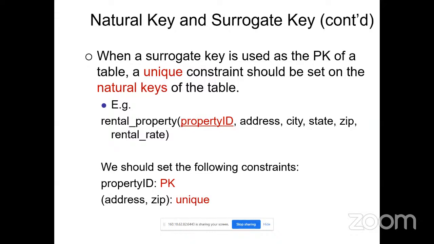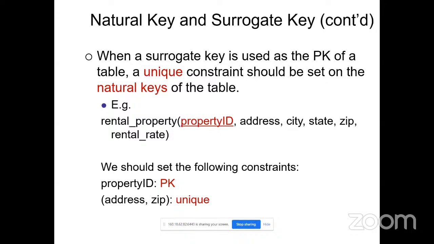Okay. The thing is this, we know that there are some keys that come naturally. Naturally, they're unique attributes of an entity. But we are using a surrogate key. We're generating our own primary key. What will happen to those natural keys? What do you have to ensure? Uniqueness, because it's naturally unique to an entity, right?